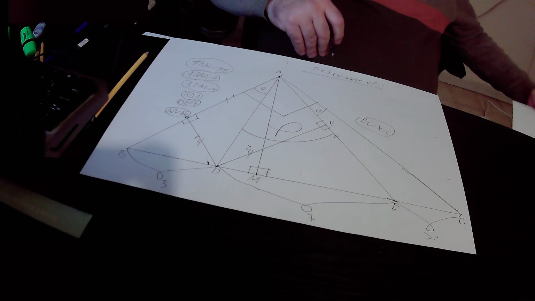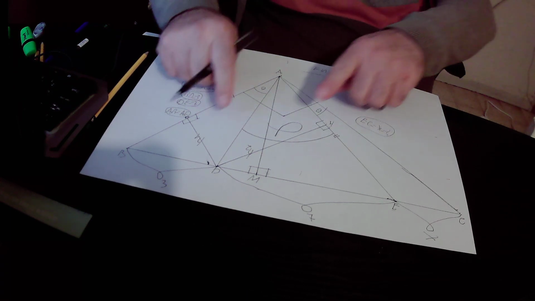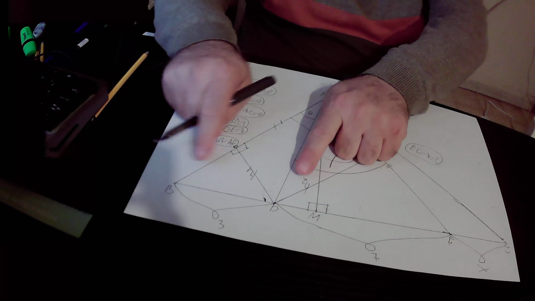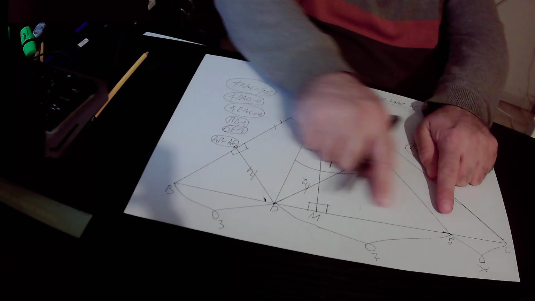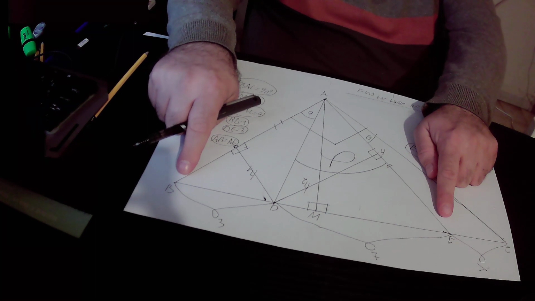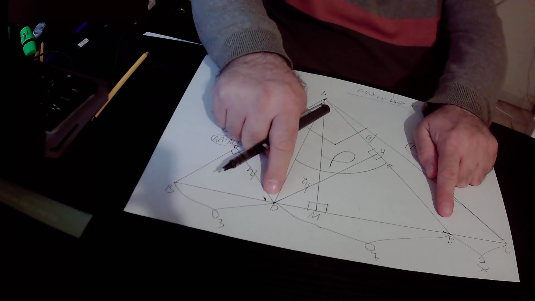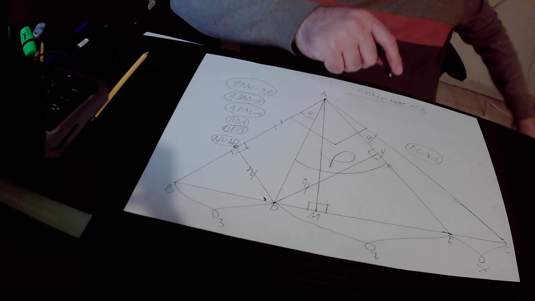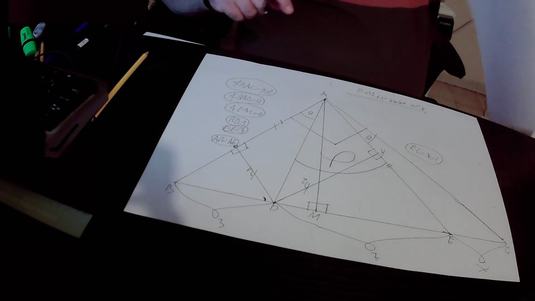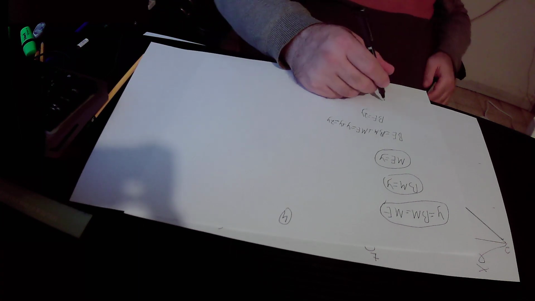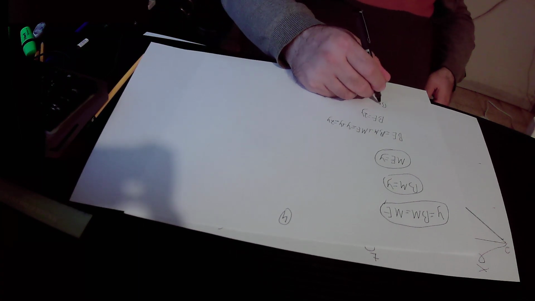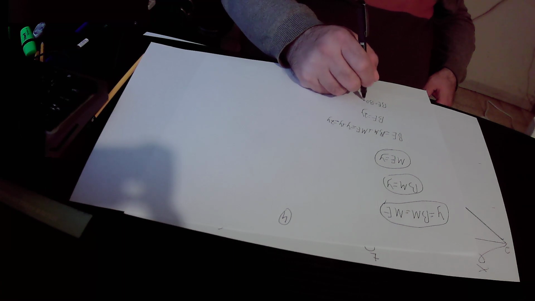you can see from the drawing here that BE is equal to BD plus DE. I will write it down. From the other side, BE is equal to BD plus DE.